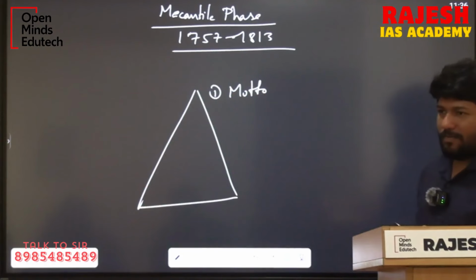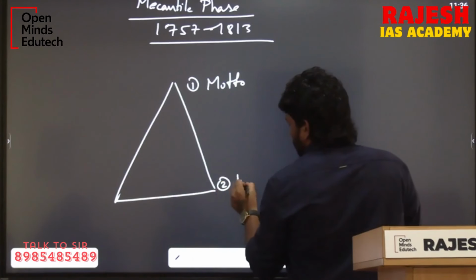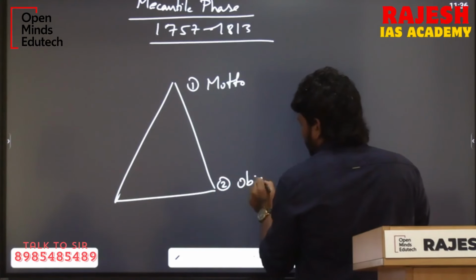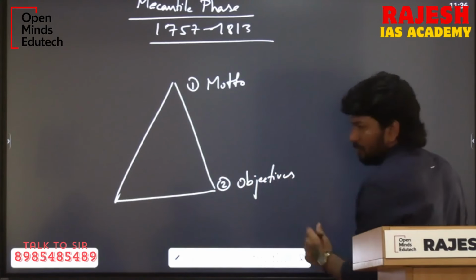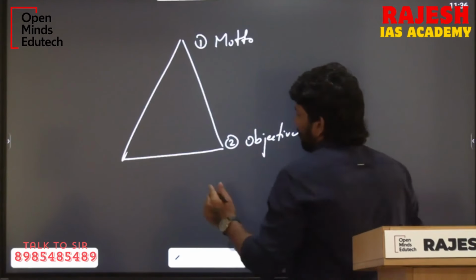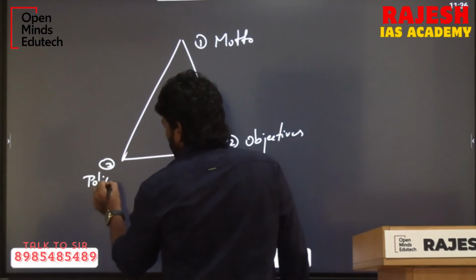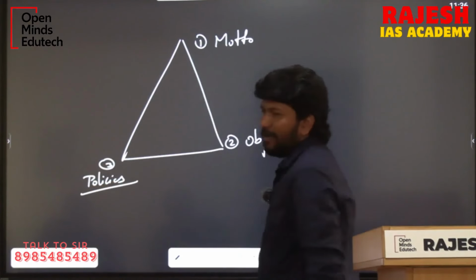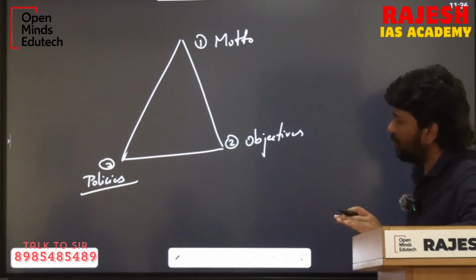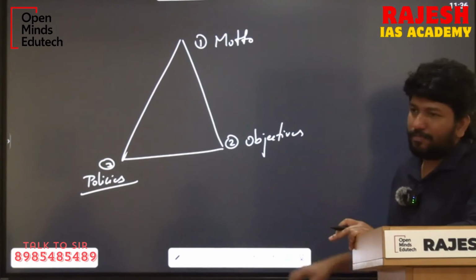What is the motto of the company? Based on the motto only, the company has its objectives. So the company has a vision or motto, and based on the objectives, company policies in India will be determined. Clear? First we should understand the motto of the company, then their objectives, then their policy.